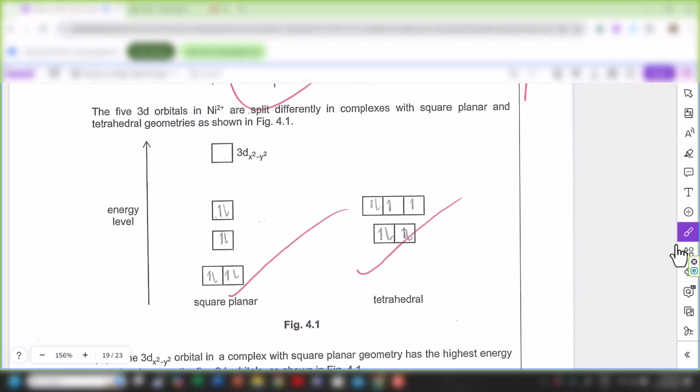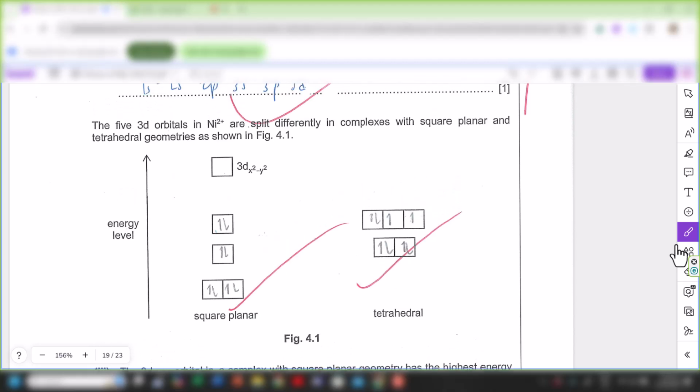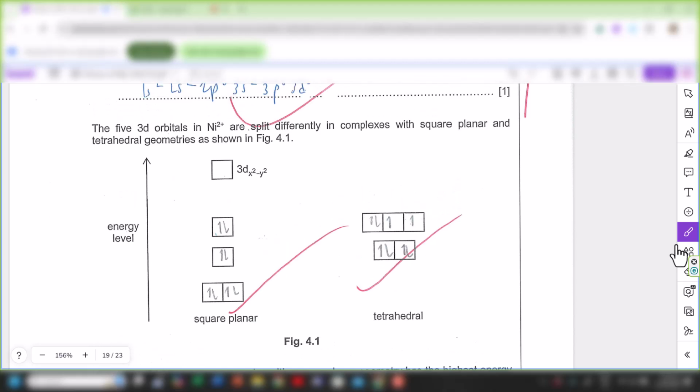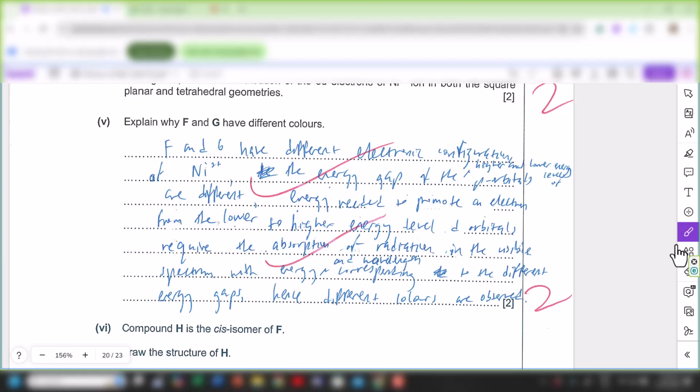We are talking about the electronic configuration in figure 4.1, not the generic electronic configuration. So we are talking about the fact that the electrons arrange themselves differently in the 3D orbitals. Because of that, the energy gap is different.